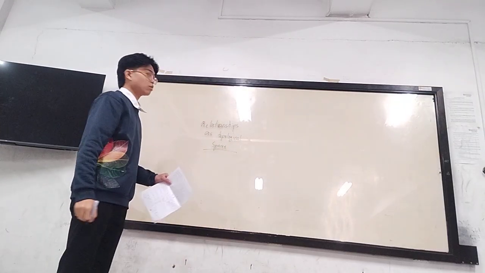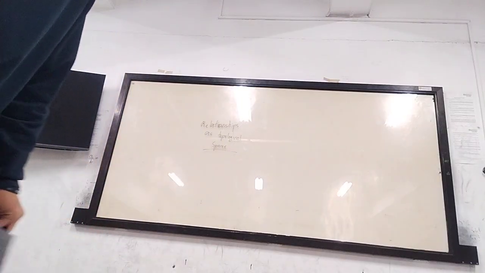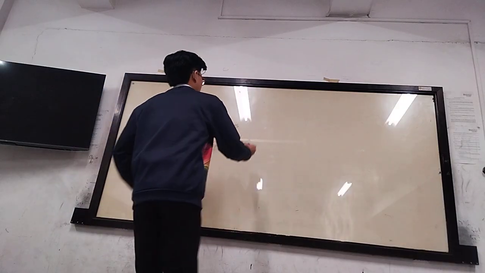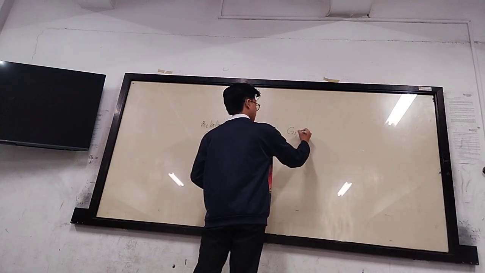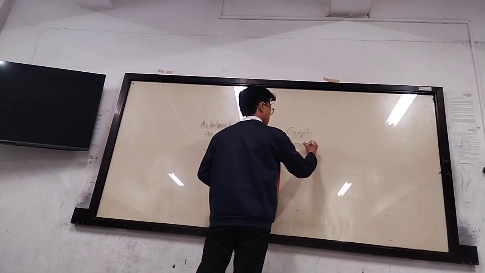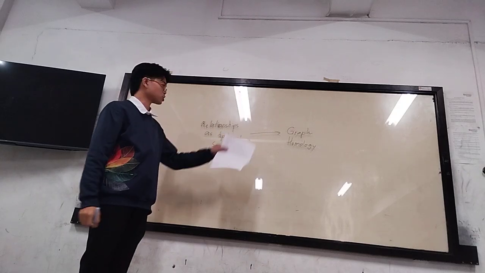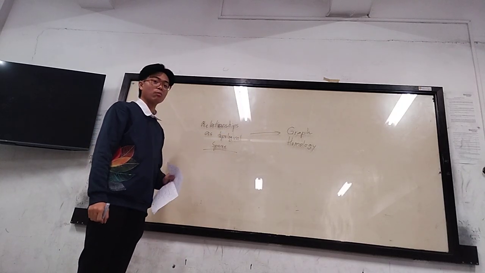What I want to lead to in this lecture is the graph homology. And of course, it always wraps back to homology. Graph homotopies are much more complex, but today we're going to be focusing on the graph homology.